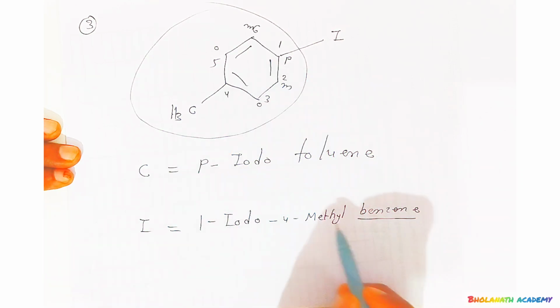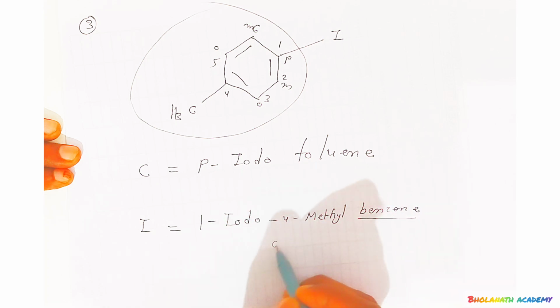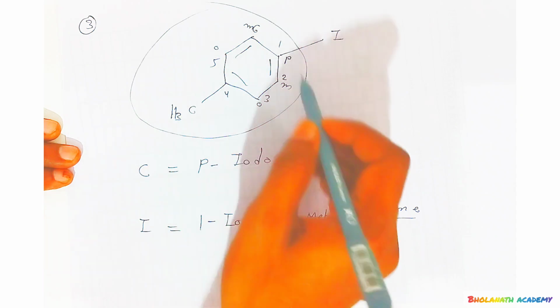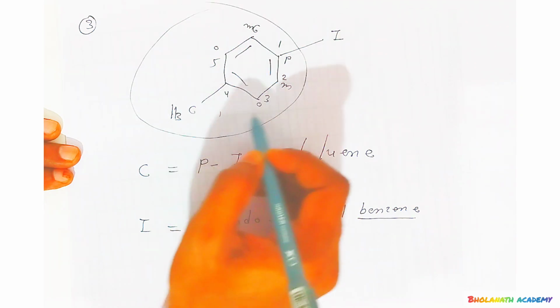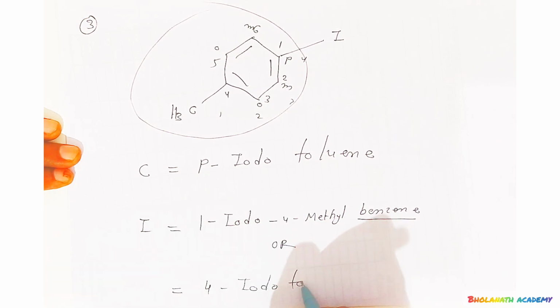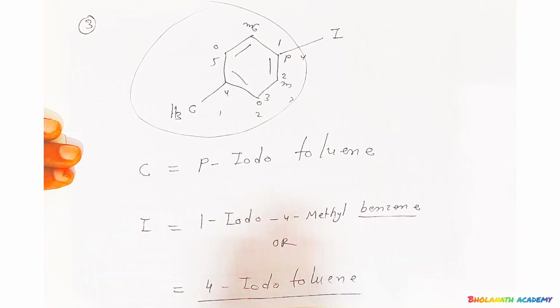So I have to draw the parent first, then at fourth position methyl and at one position iodo. 1 iodo 4 methyl benzene will be the IUPAC name. Or if you consider it as toluene, you have to start numbering from this side: 1, 2, 3, 4. So you can also say 4 iodo toluene. One name is 4 iodo toluene, or you can say 1 iodo 4 methyl benzene.